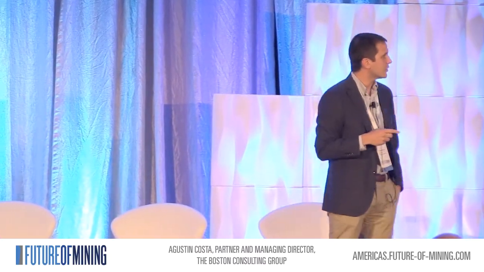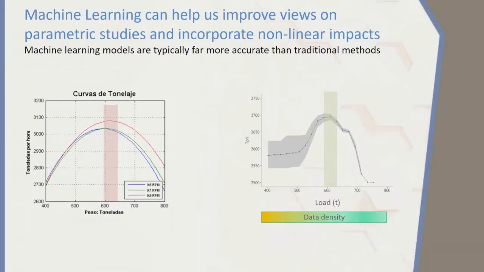The one on the right was generated with machine learning. We did not tell the model in any way how it was supposed to work. So the model figures out the relationship on its own. And in doing that, it incorporates some effects that are not captured in parametric models.